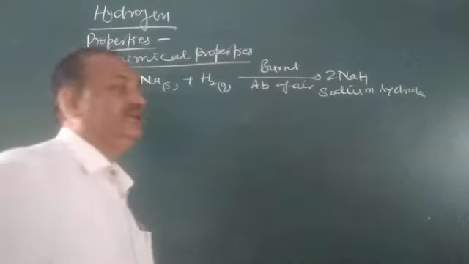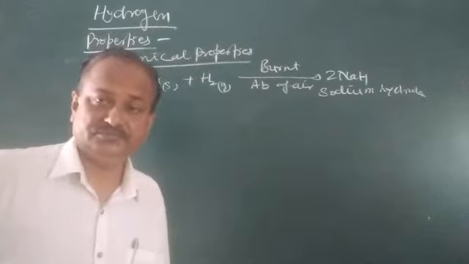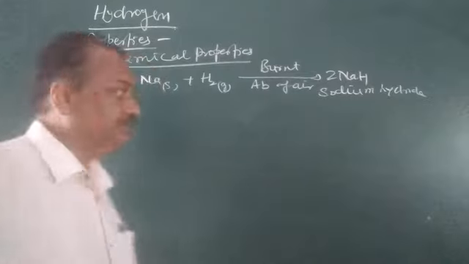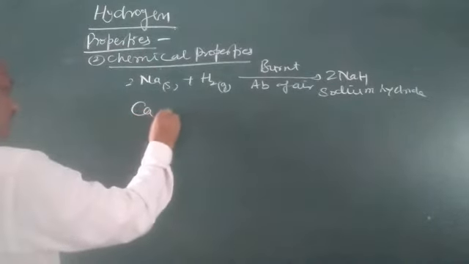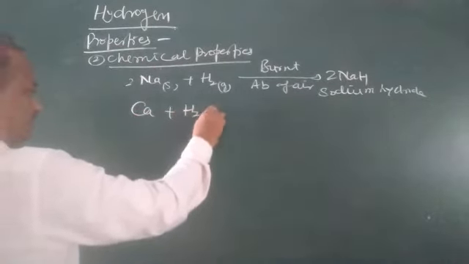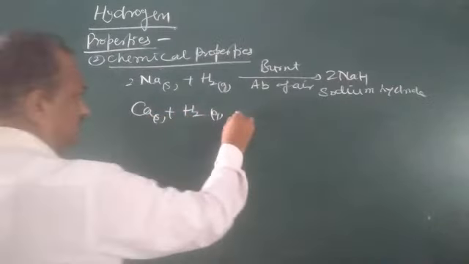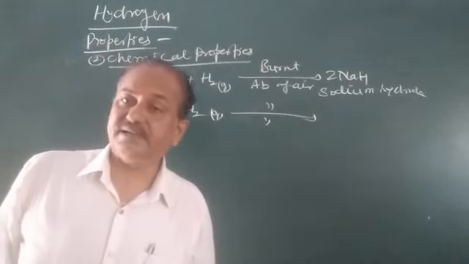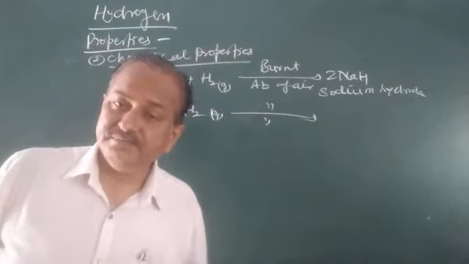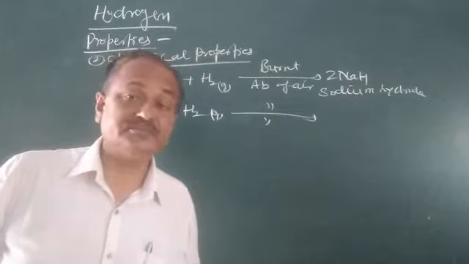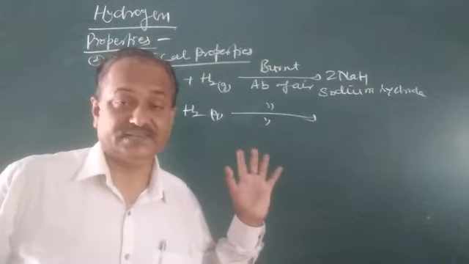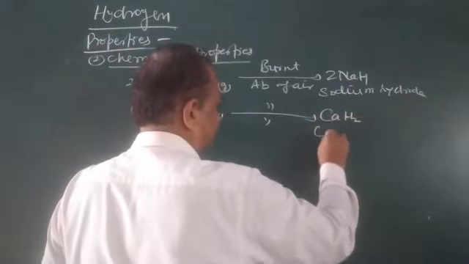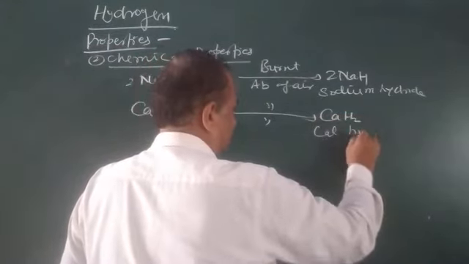It can react with any other metal also, iron, copper, calcium. Say calcium solid plus hydrogen gas, burned in absence of air. Why absence of air? Because oxygen is very reactive, and if we burn in presence of oxygen, there is formation of oxide, hence we take this. So there is formation of CaH2, calcium hydride.